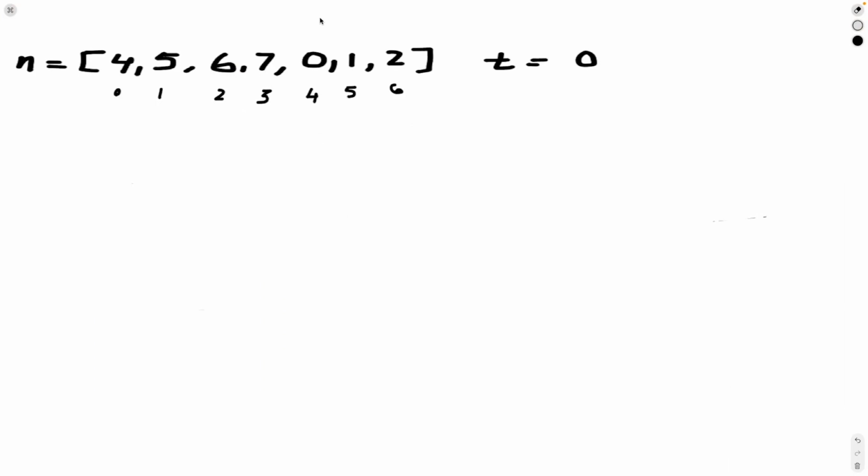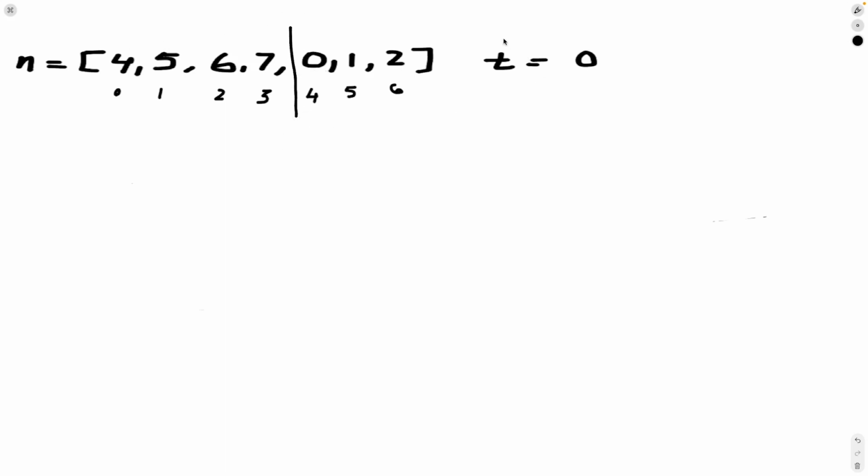So let's try and understand this problem first. I have nums here, which is 4, 5, 6, 7, 0, 1 and 2, and the target is equal to 0. I can easily split this from here basically into two.